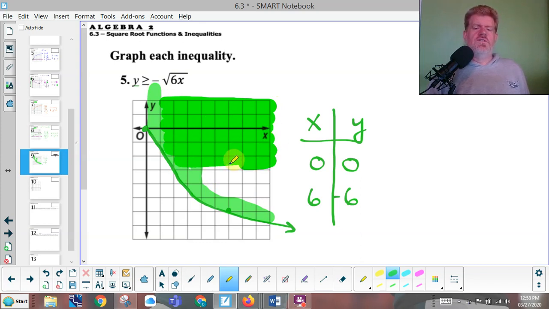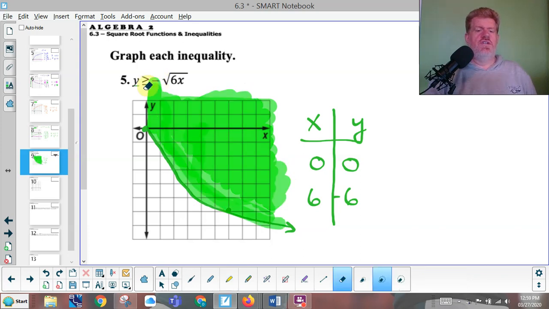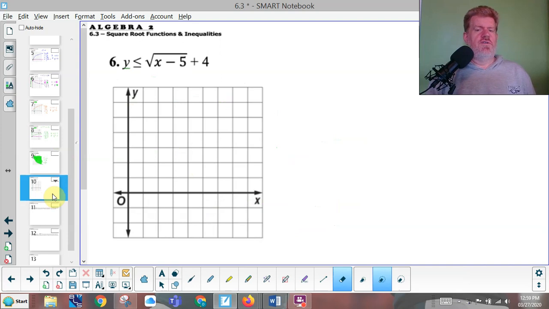You kind of notice too, when I pick up the highlighter pen and put it over it, it has a slightly different shade. If I go over something twice, it's slightly darker. Kind of weird, huh? So it's all this stuff out here, and it goes on forever. But remember, it starts at 0. It doesn't go past 0. All right, one more graph, then I'm going to answer 2 questions.